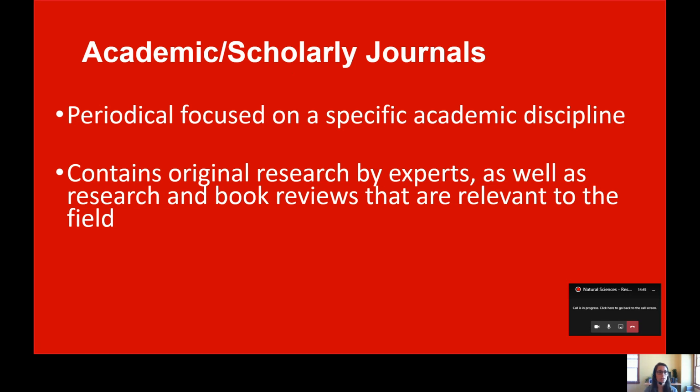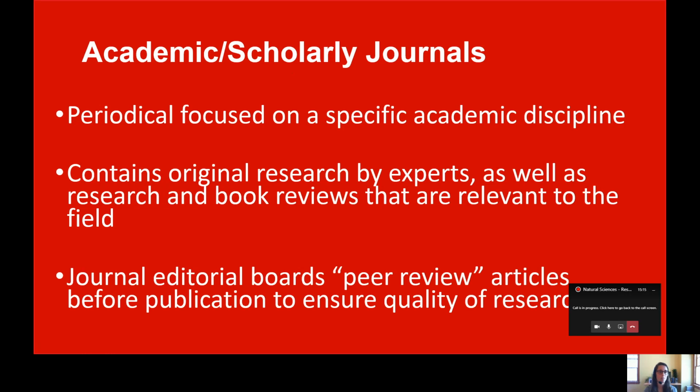Academic and scholarly journals, in large part, contain original research by experts, but I like to mention that they also will include research or book reviews that are relevant to the field. Again, it's all about scholarly communication and communicating to others in the field about what's going on. What you'll be specifically looking for is that original research, but also just know that you might come across a research or book review that might give you some background information, but won't be that original research.